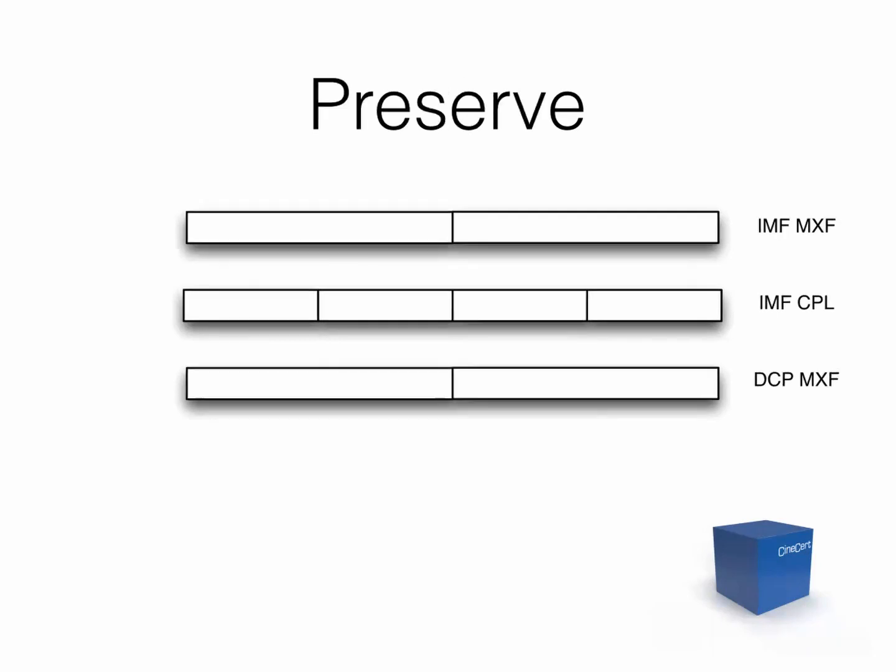If instead you use preserve, then the edit units from your IMF will appear next to each other in the DCP, and will create track files that have the same dimensions as what was in the source, which will make things like insert shots work much better. I don't know if this is particularly persuasive as a diagram. I hope to do a better version in the future.